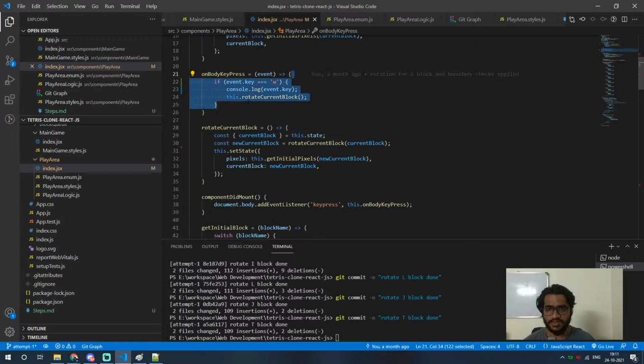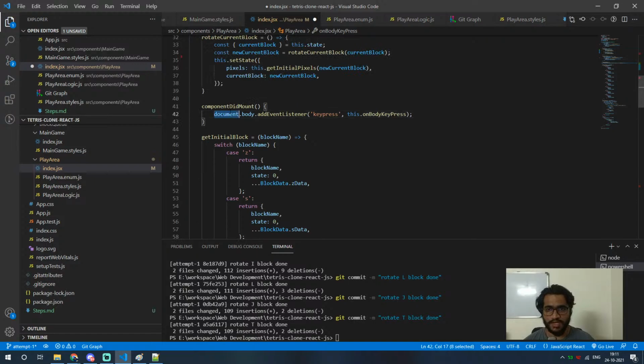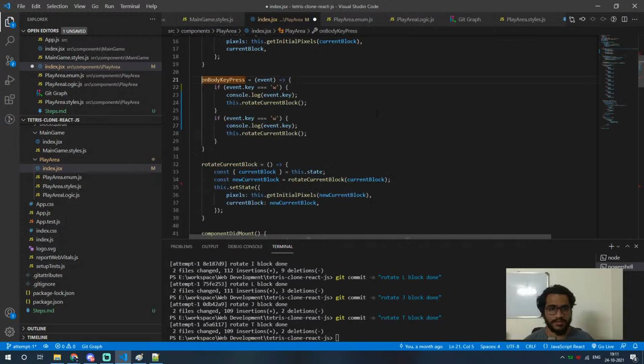So, I have added a key press event listener on body, which is this on body key press. There we already have a W which would rotate the current block. Now we are adding A, which would move the current block left.